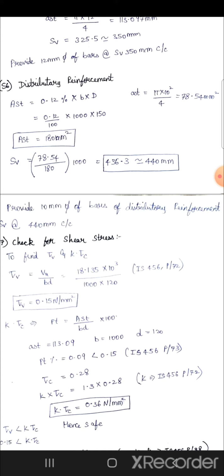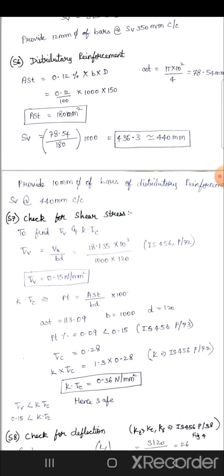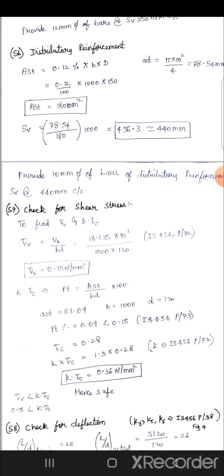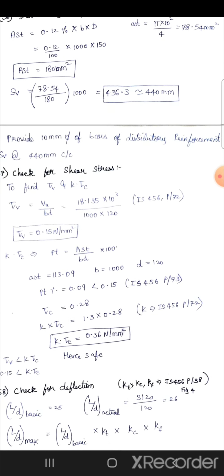Answer is 78.54. Calculating in this spacing formula, we get 436.3. Rounding it, 440 mm. In distributory reinforcement, we provide 10 mm bars at spacing 440 mm center to center.